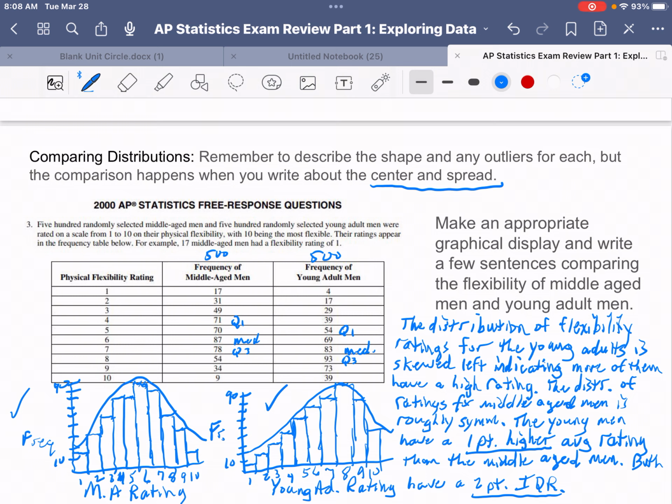Since they have the same spread, that's a comparison, to say that they have the same spread. But if the interquartile ranges were different, I could have found myself writing sentences such as, the middle-aged men's distribution has more spread, indicating that there's inconsistency in their overall flexibility ratings, but I couldn't say that here.